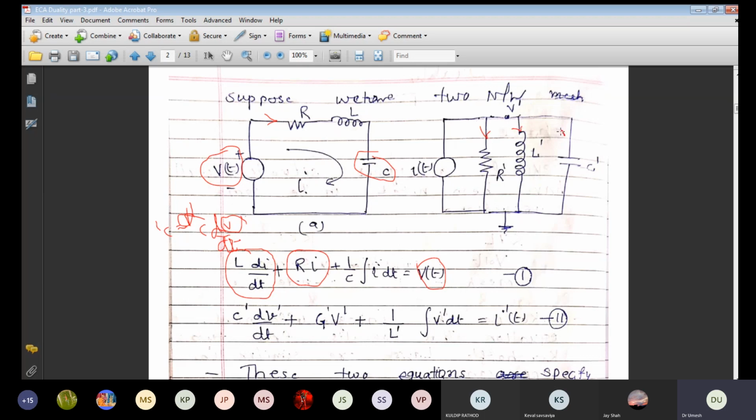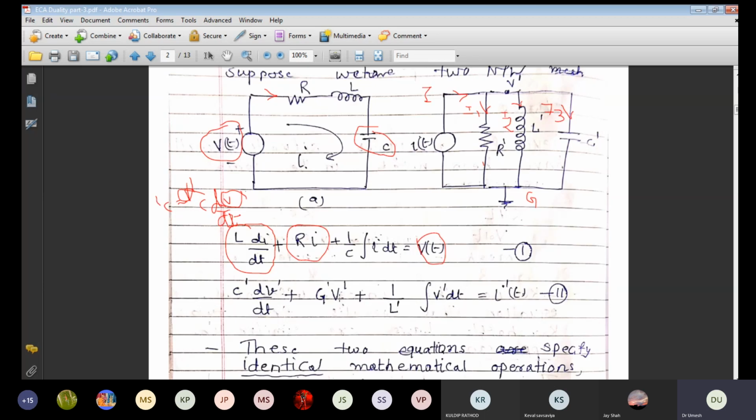Kirchhoff's current law says that this current is equal to the summation of these currents, so current I is equal to I1 plus I2 plus I3. The current in the resistance branch is I1, which equals V dash with respect to ground, because the voltage at this point is V dash. We have to take one terminal as the ground terminal.